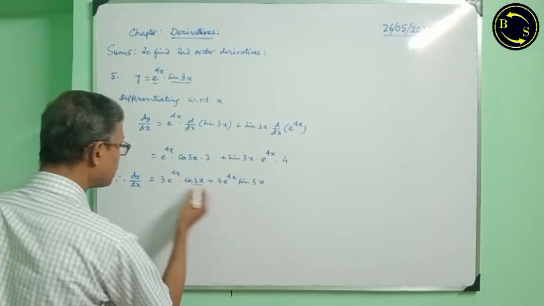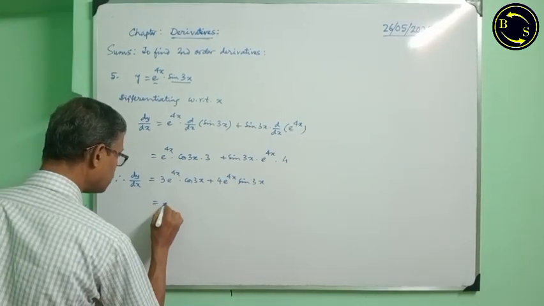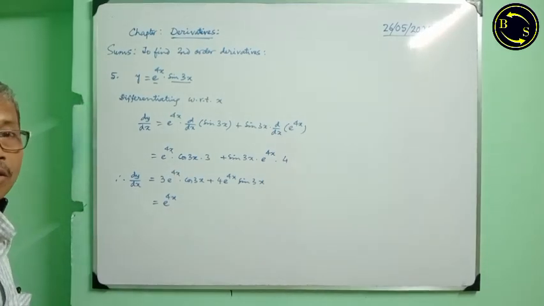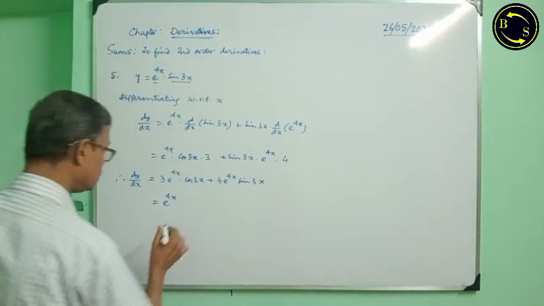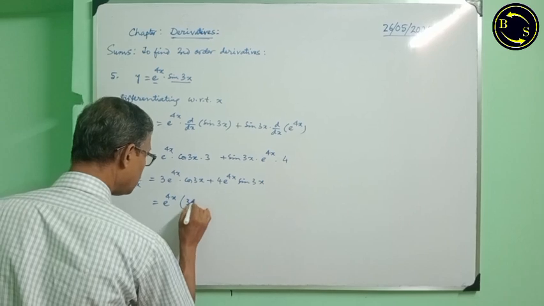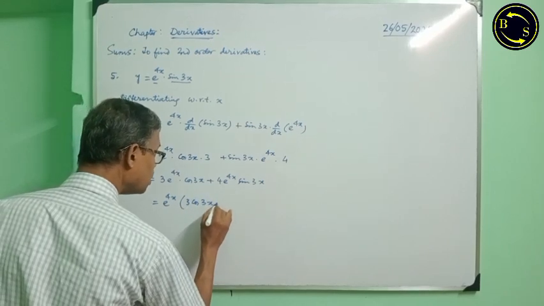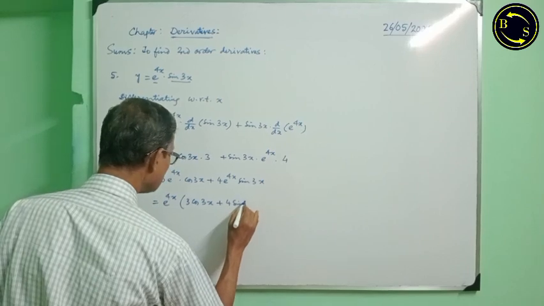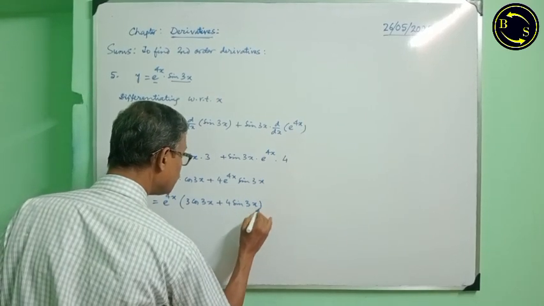Now we take e to the power 4x as common factor. You may not take common factor. 3 cos 3x plus 4 sine 3x.